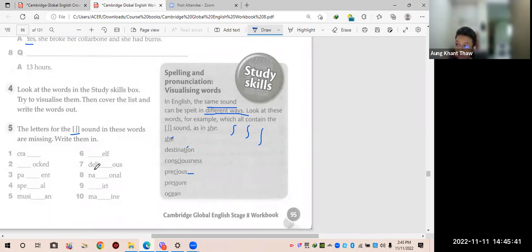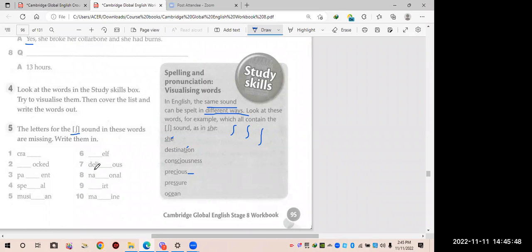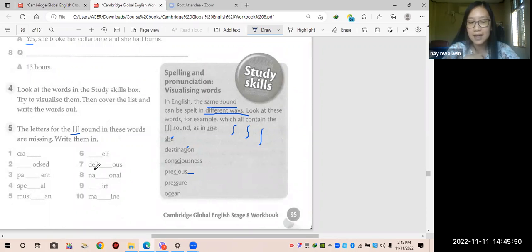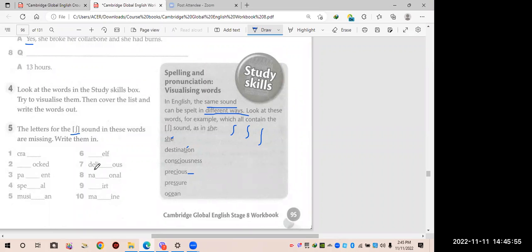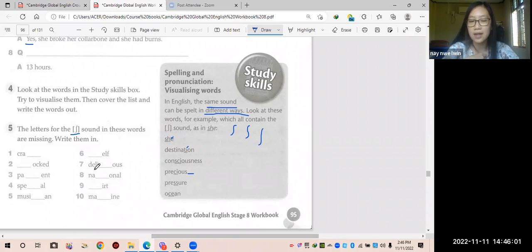Shirt, SH. Yes, shirt. How about 10? Machine. M-A-C-H, C-H-I-N-E. Machine. So the sh sound can be spelled SH, CH, TI.